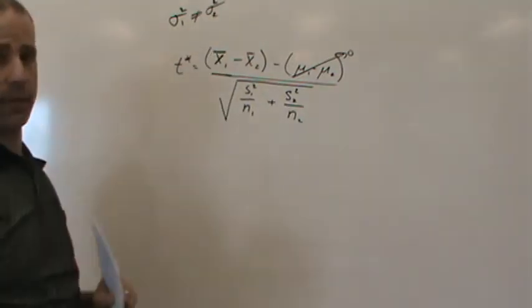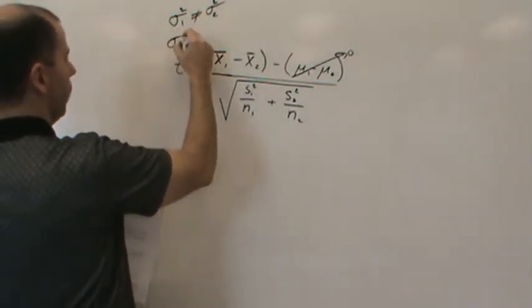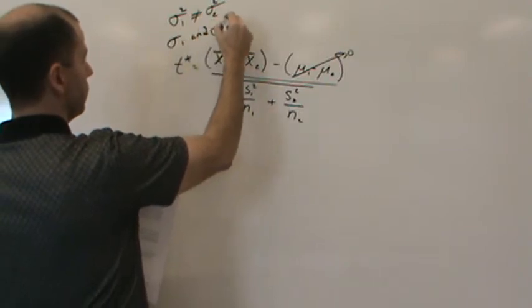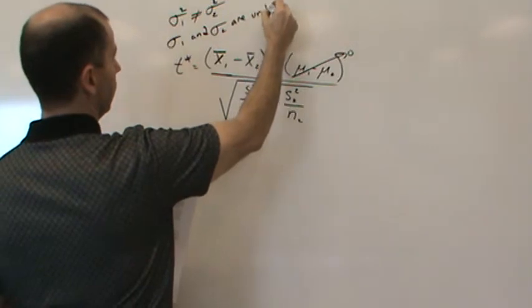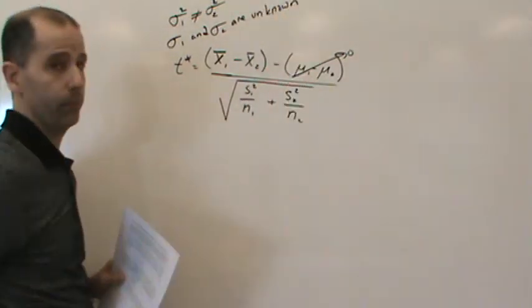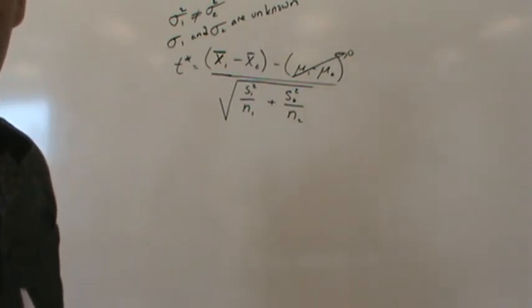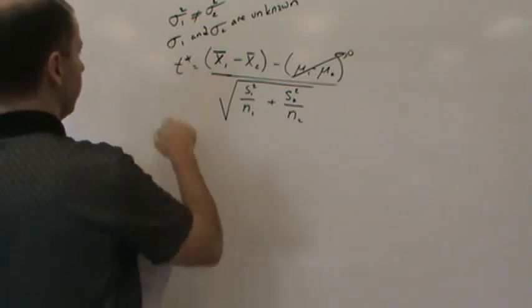We're not going to assume that they're the same. We don't know them, so sigma 1 and sigma 2 are unknown.